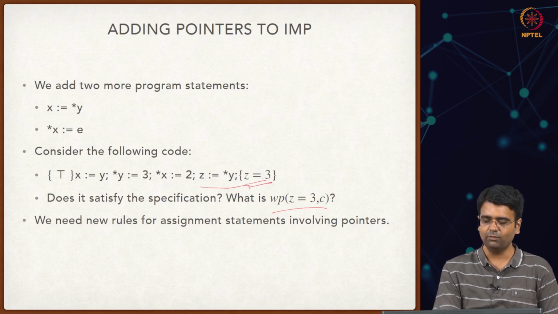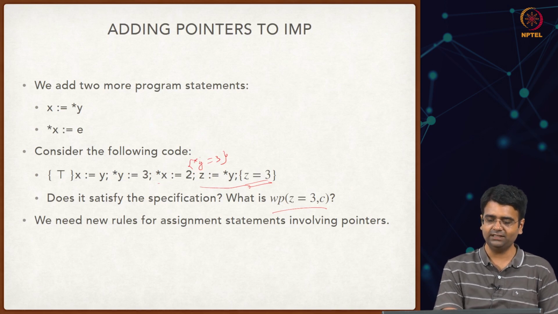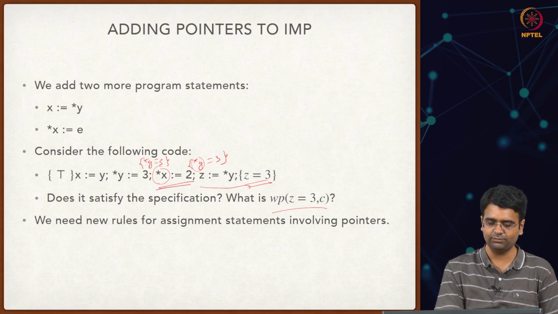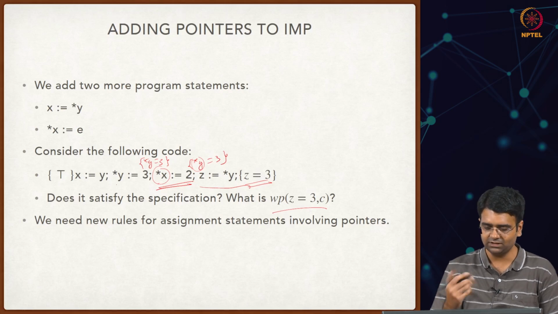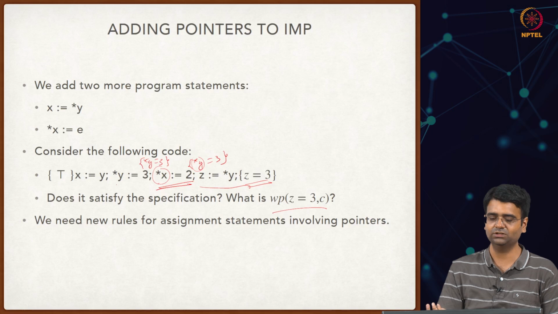When you have z equal to *y, it changes the formula to *y is equal to 3, and then it propagates *y equal to 3 backwards. When it reaches *x equal to 2, this *y is treated as different from *x, so that's not going to change. We will have *y equal to 3 again. So the weakest precondition of *y equal to 3 with respect to this assignment statement will remain *y is equal to 3, because weakest precondition doesn't know that x and y are actually the same location.